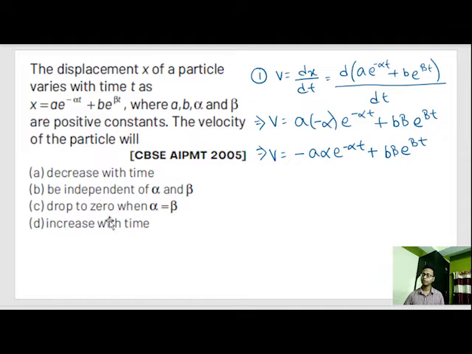Whenever in your entire physics curriculum an equation is given and it is asked whether it increases or decreases with time, or with a parameter, there is a trick.